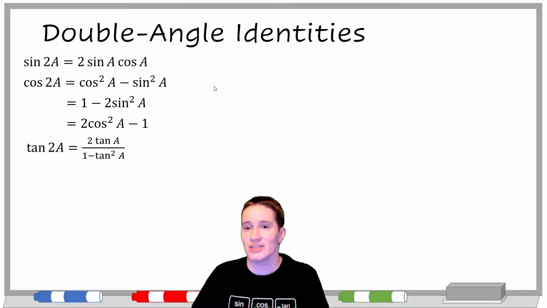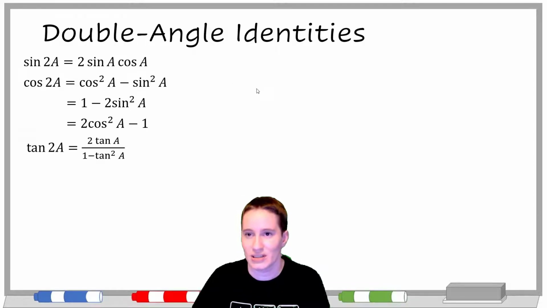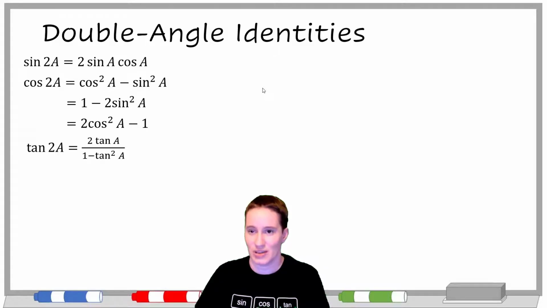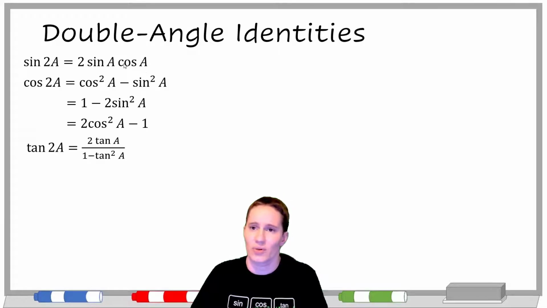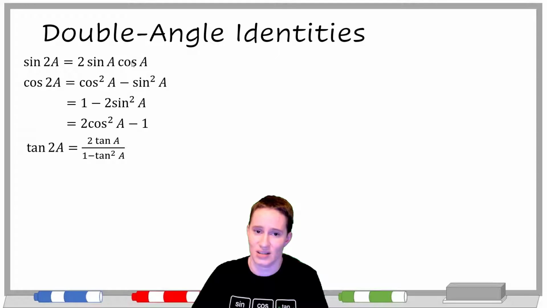We also know all the doubles of those. Like if you double 30 and get 60, we also can find sine of 60 just fine using the same method that we use for sine of 30. So this ends up being more relevant if we maybe know something about the triangle that has an angle of A and want information about 2A. I don't know, it's kind of weird.